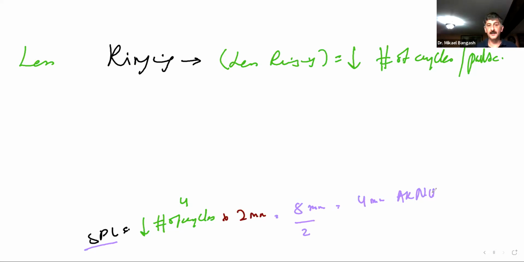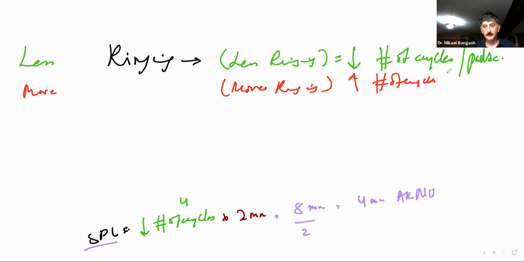Now let's compare this to the opposite, which we can call more ringing. So what is this more ringing going to mean? That means we will have a greater number of cycles per pulse. So we can take that and say, what if we had a greater number than 4?